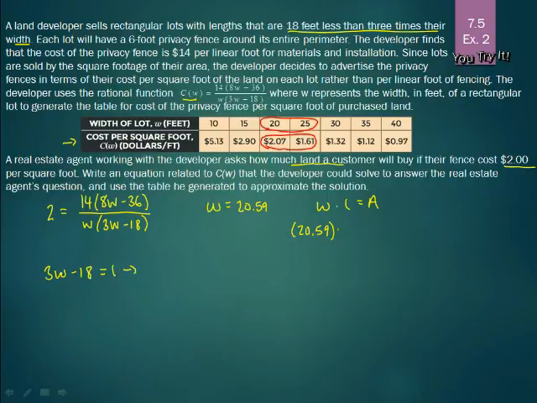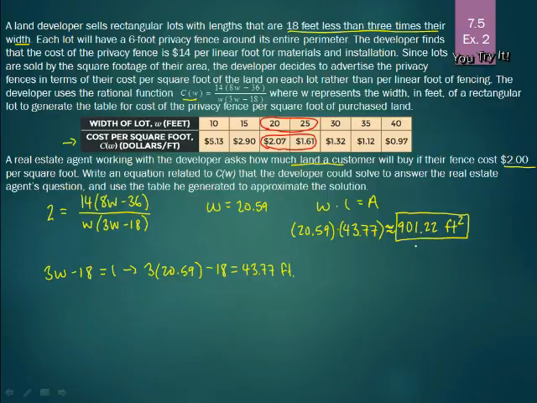Then we can plug in what we know for W. Plugging that into a calculator, we get 43.77 feet. We can plug that in up here for length. Multiplying those together, we get 901, and if we round it off to the nearest hundredth, it'll be 22 hundredths. So it's approximately 901.22 square feet. That would be the amount of land that someone would buy if they were paying $2 per square foot.